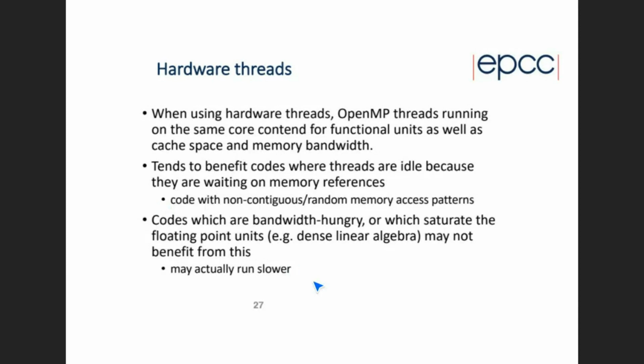However, codes which are bandwidth hungry or which saturate the floating point unit, so if we're doing dense linear algebra, doing matrix-matrix multiplies, for example, don't benefit from using hardware threads, and typically may actually go slower because of all the other overheads associated with having to double the number of OpenMP threads that you're running.